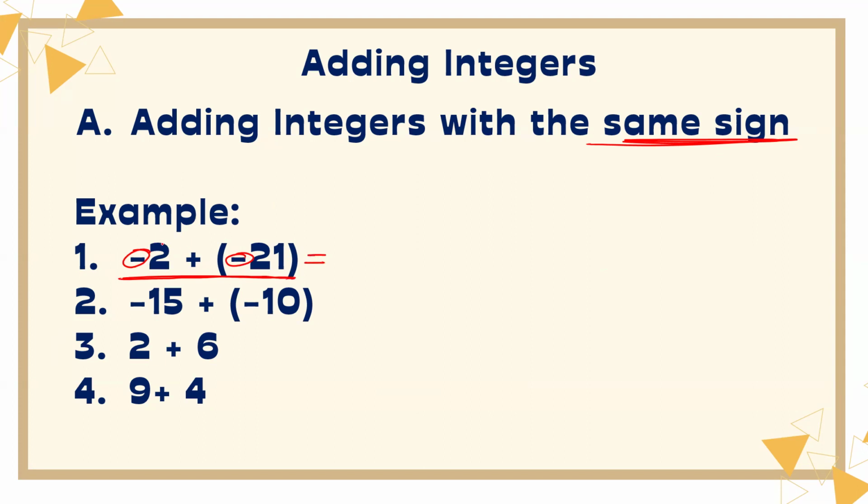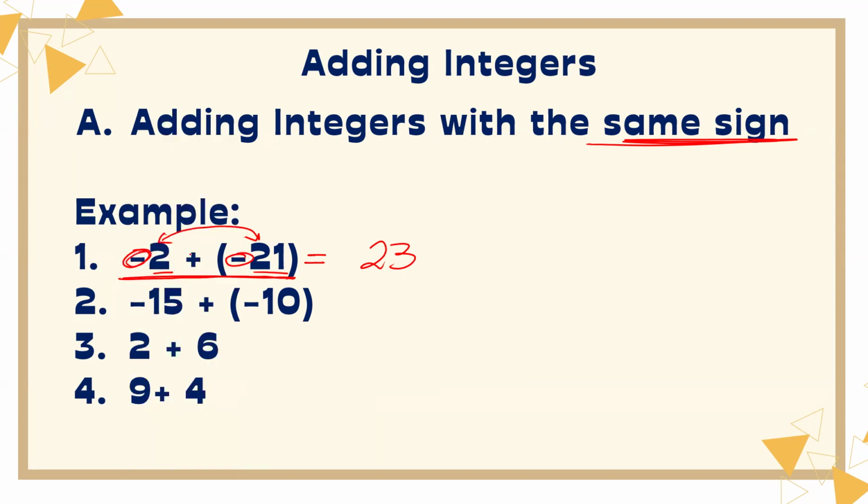And then we add the absolute values of the two numbers. So what is 2 plus 21? Everybody, what is 2 plus 21? That's 23. Very good.